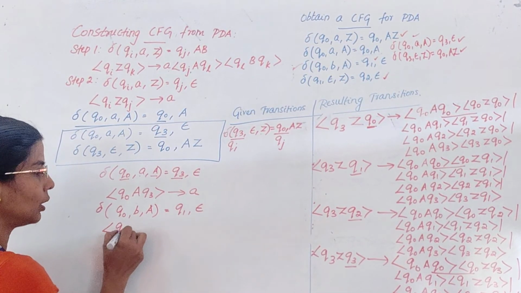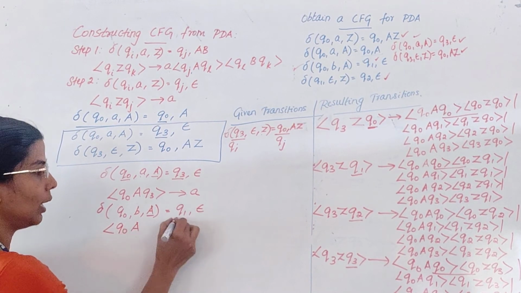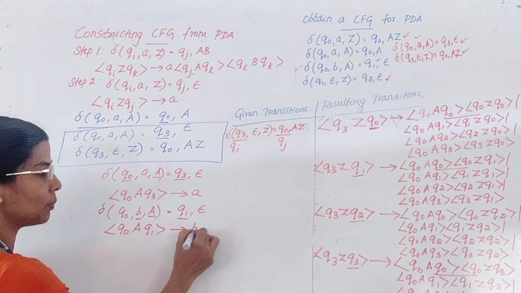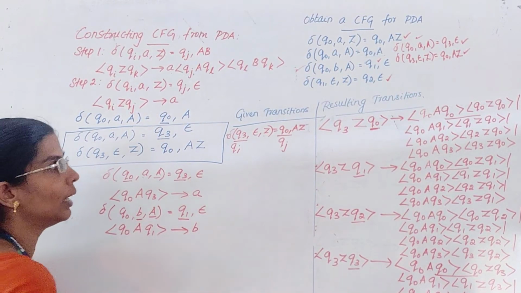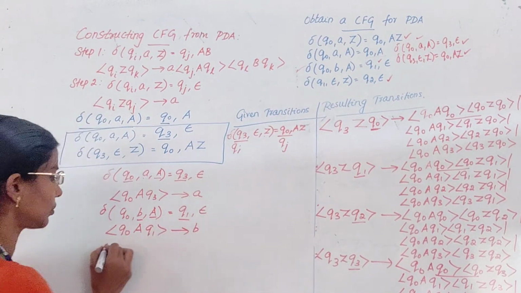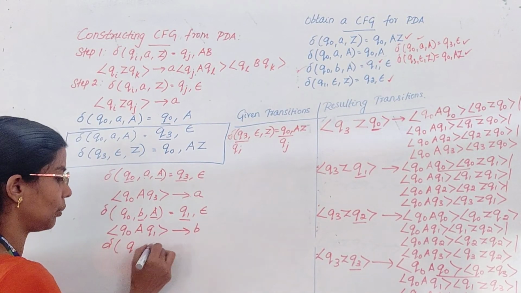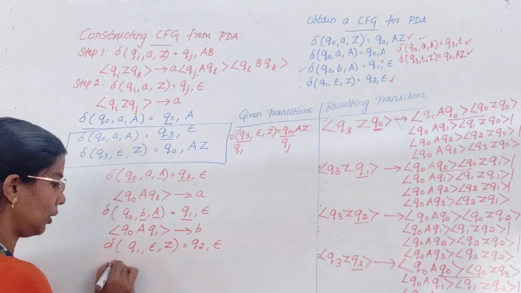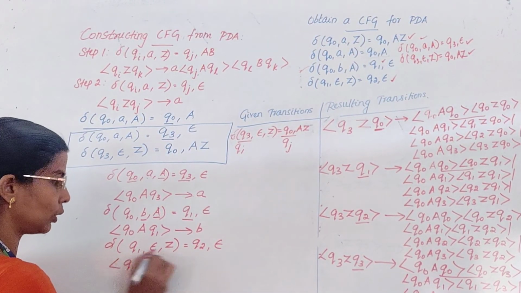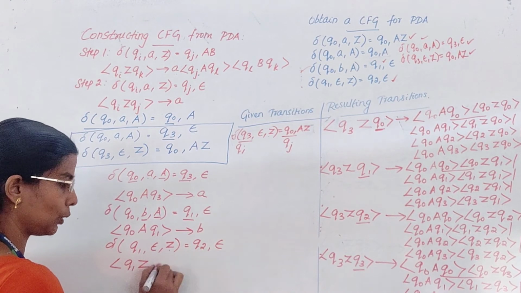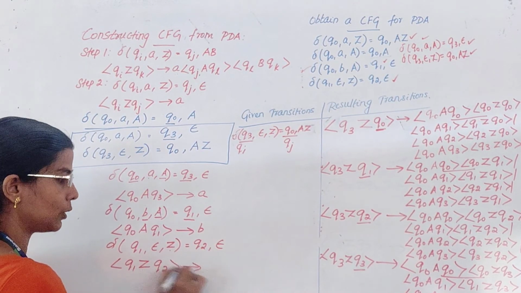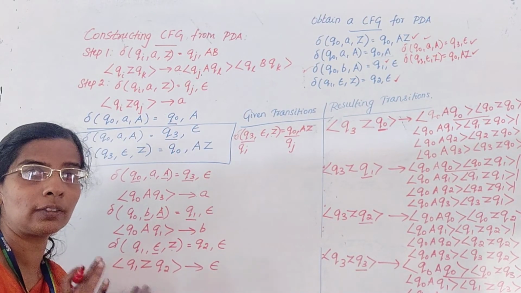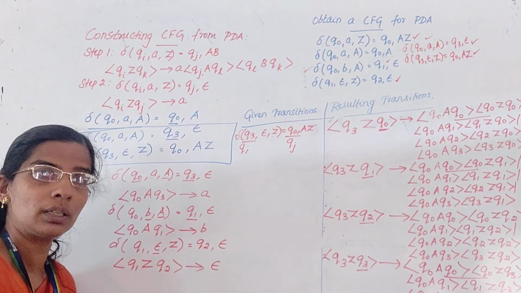Q naught state is A and it is moved to Q1, and the input symbol is B. Next, delta of Q1, comma, epsilon, comma, Z, which is equal to Q2, comma, epsilon. So it is Q1, Z, Q2, and the input symbol is empty. We have converted all the transitions to CFG.